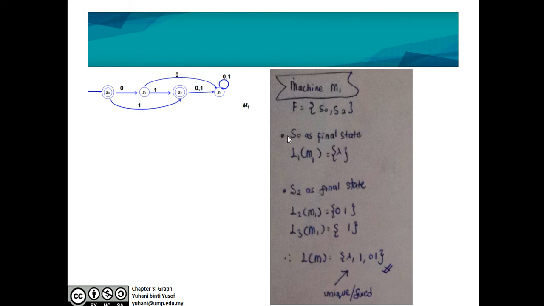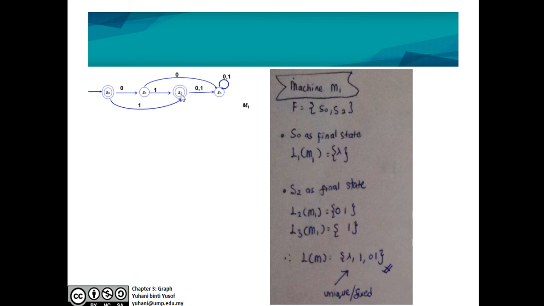Okay, so if S0 is a final state, the language generated is just the empty set, because the initial state goes to S0 directly, and it's already a final state, so the answer is the empty set. But there is no more language other than the empty set that goes to S0, so we need to focus on S2.